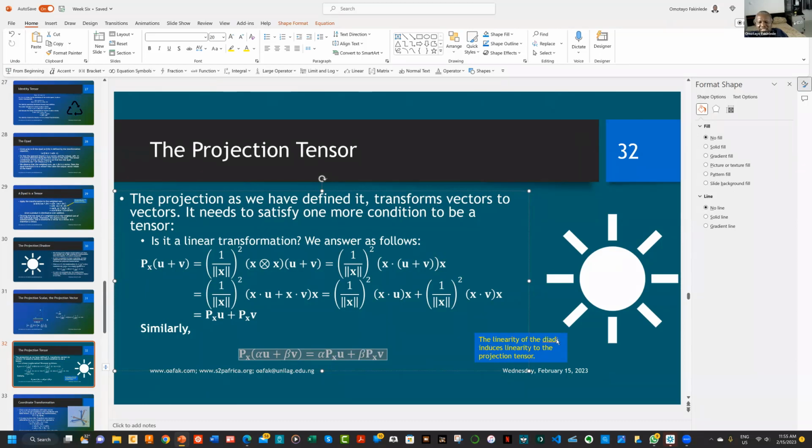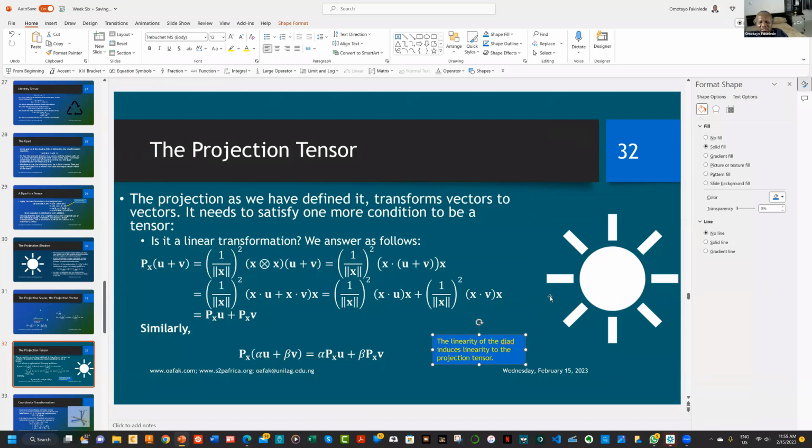The linearity of the dyad induces linearity to the projection tensor. So we do not need to worry ourselves. If somebody asks you, why is the projection linear? Of course, you don't even need to go through this proof. The proof that I have here is not necessary because there's linearity in the dyad. Therefore, the projection transformation is linear, and therefore it is a tensor.